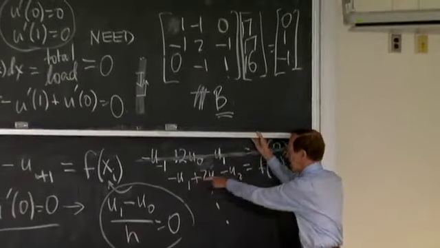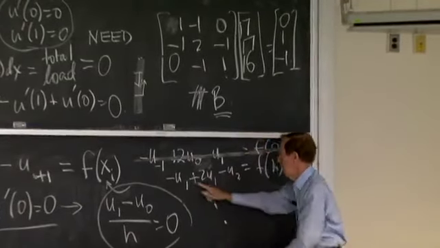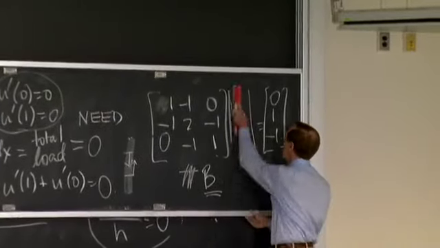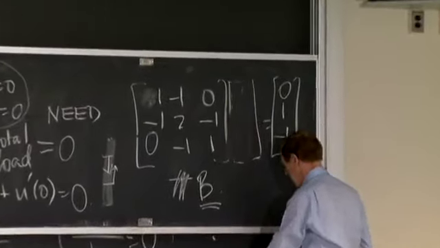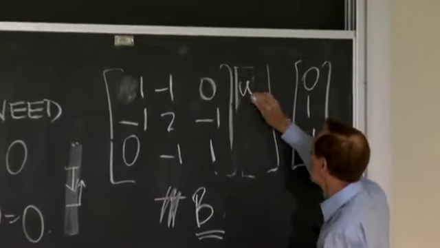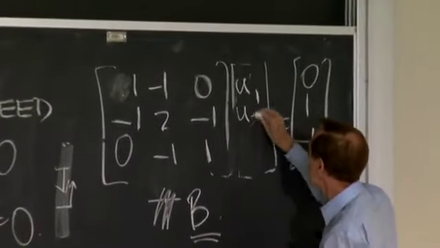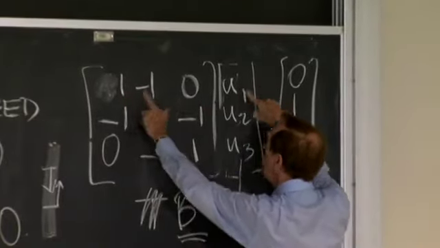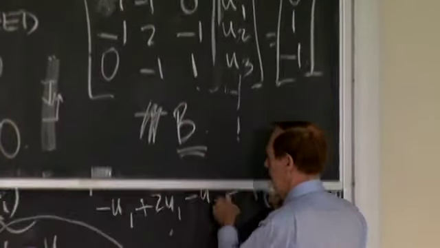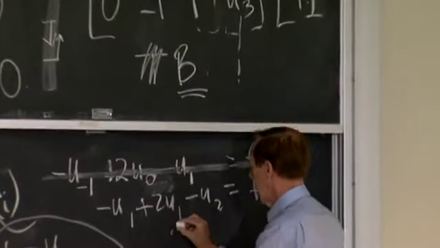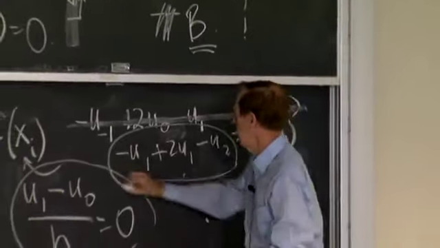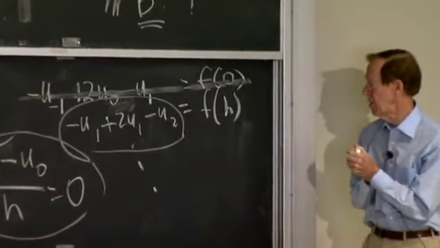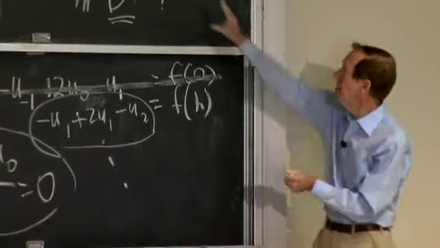So do you see that equation, when I put those together into a 1, if this is U1, this is U2, this is U3 onwards, that first equation is U1 minus U2, and that's what I've got. This is U1 minus U2. So I did it. I got to that matrix.